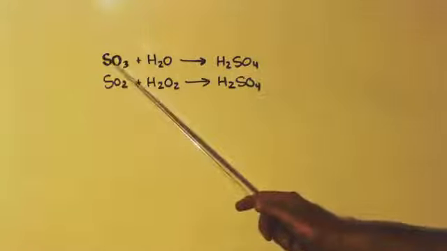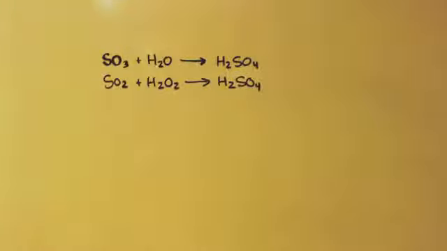And you bubble the SO3 into that, okay? And then you'll make oleum, right? And then all you have to do is dilute that with water to make it concentrated sulfuric acid again. That way, when you bubble it in, it's not violent like it is with this, okay? So keep that in mind.